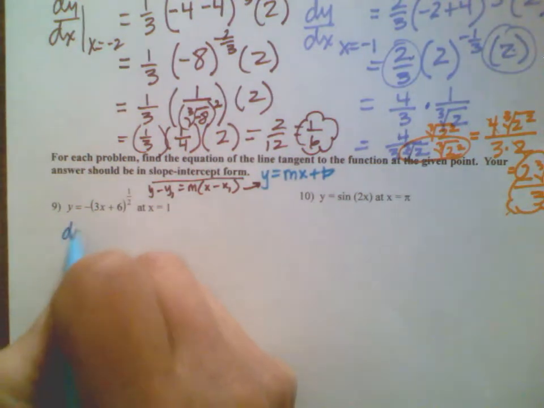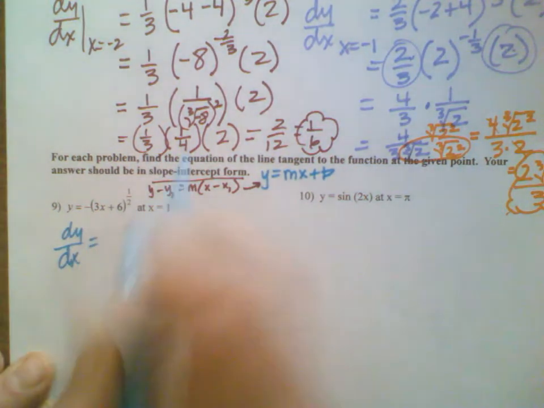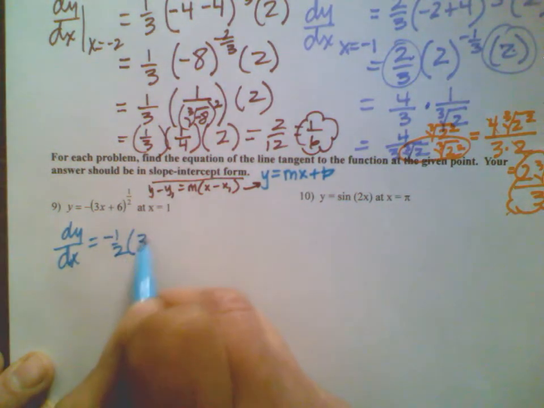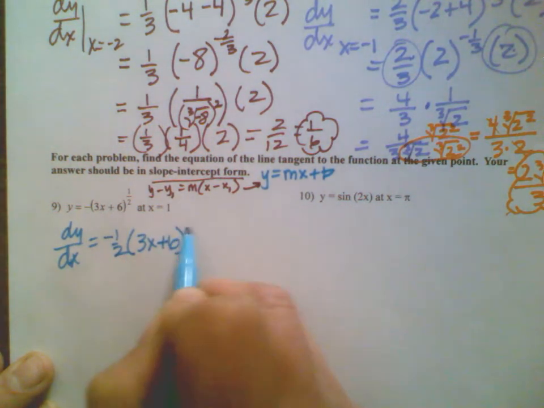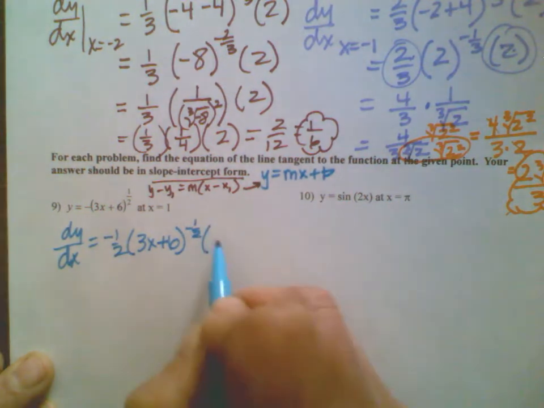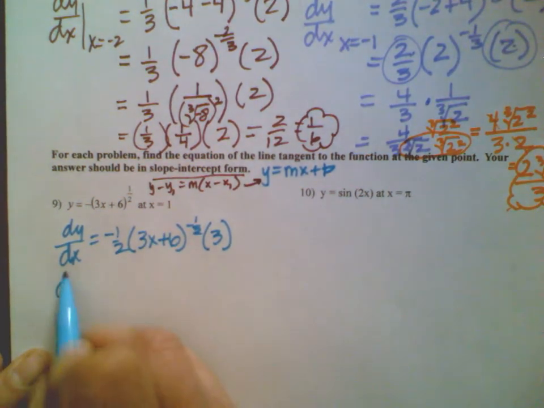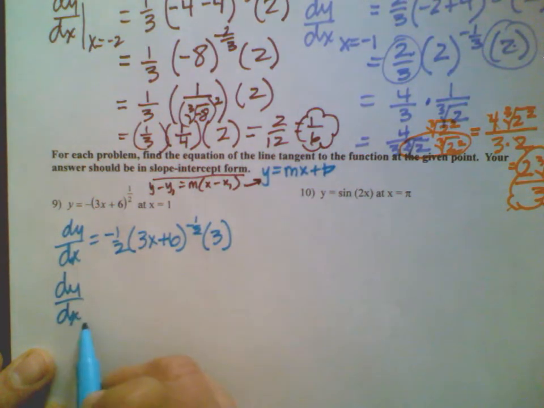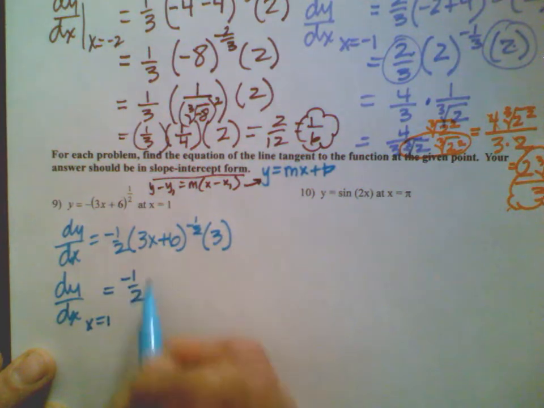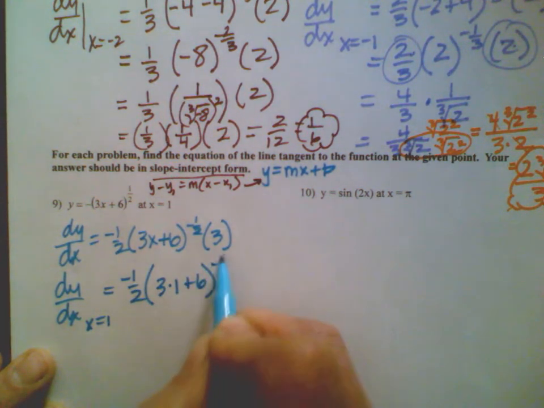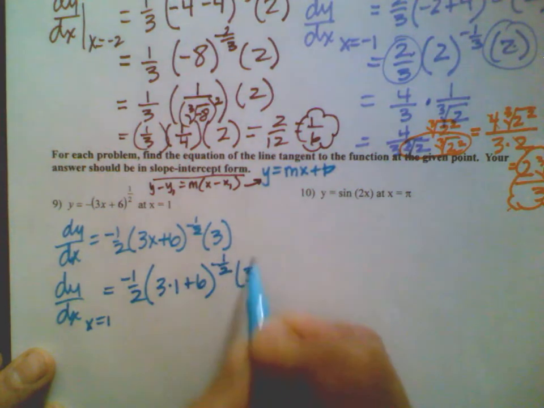So that's dy dx equals negative 1/2 times 3x plus 6 to the negative 1/2 power times 3, applying the chain rule. I'm going to evaluate that at the given x, at x equals 1. So I plug that in, negative 1/2, 3 times 1 plus 6 to the negative 1/2 times 3.